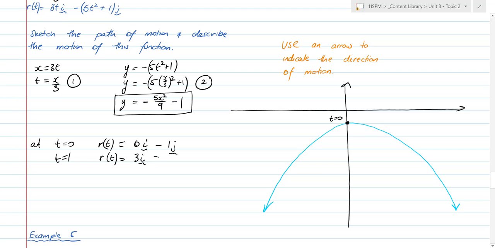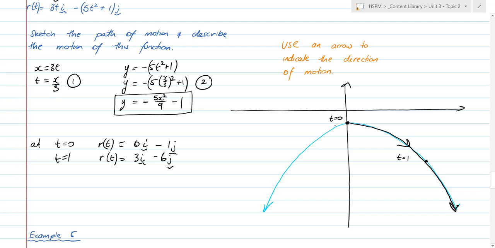And then 5 times 1 squared is 5, plus 1 is 6, but it's minus, so it's minus 6j. So (3, -6), wherever that is, let's say it's down here. This is t equals 1. And so my actual motion starts here and moves along the parabola in that direction.